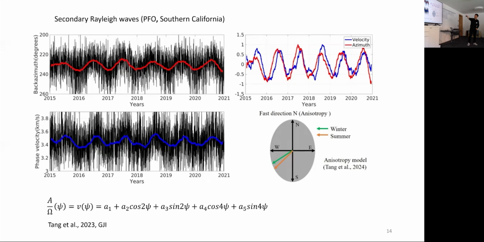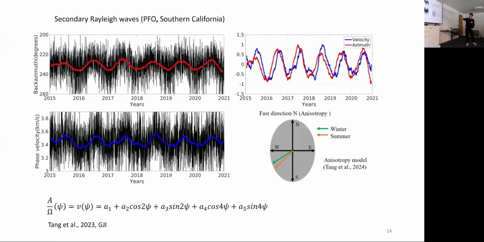If you look at the first figure, it shows the back azimuth variation in different seasons, and also the phase velocity variation. If we compare the two lines in the right figure, it is the phase measurement. We also want to know whether the phase velocity really comes from the anisotropy model or other reasons.